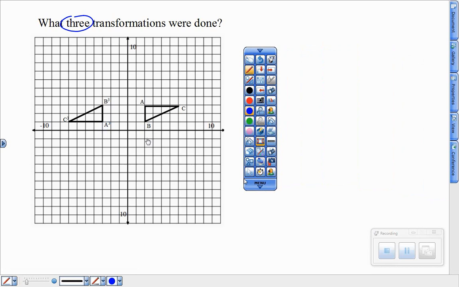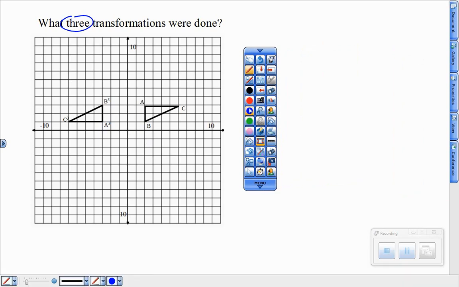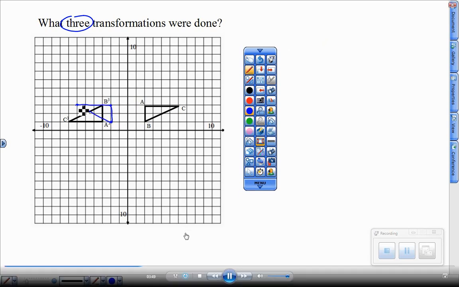And again, I did that pretty quick. But if you reflect over the y-axis, not quite going to get you that look that you're looking for. So yeah, it would probably be tough to get this triangle to look like that. So I'm going to reflect over the x-axis instead and see what I get.